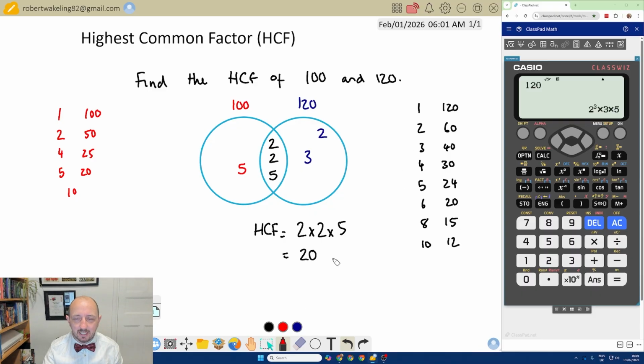But in this case, I just did this to highlight that 20 is the biggest number that appears in both. 1 is a common factor, 2 is a common factor, 4, 5, 10, they're all common factors, but we want the highest common factor. So that's what HCF means. It's the biggest number that will divide into both of these.